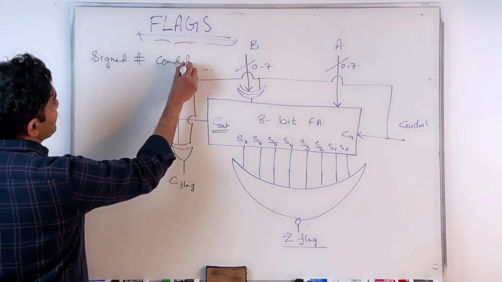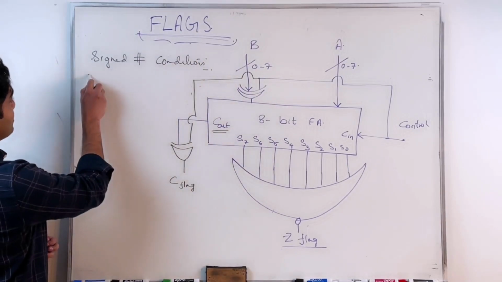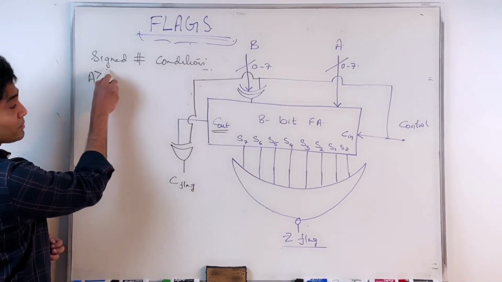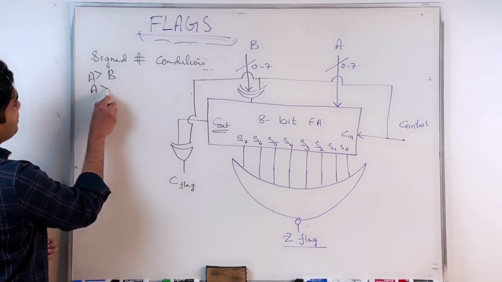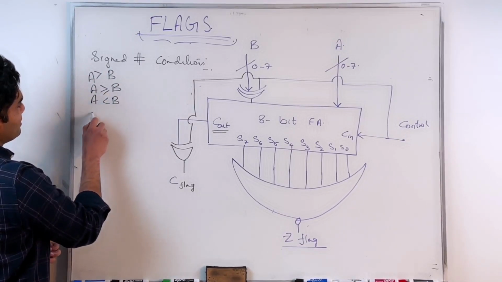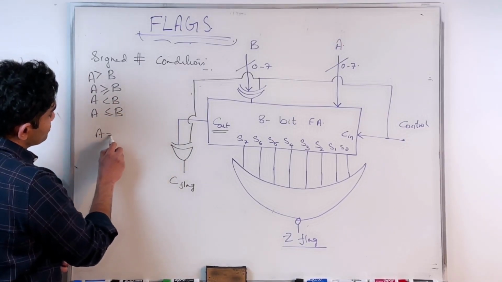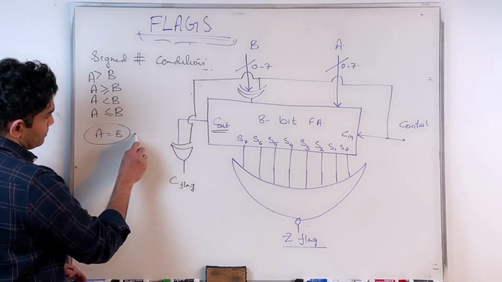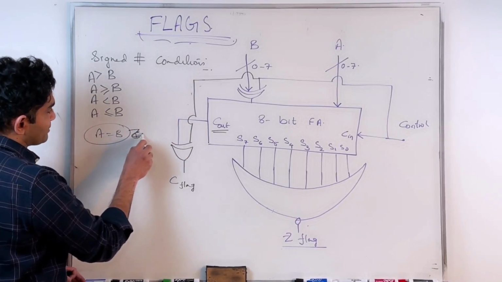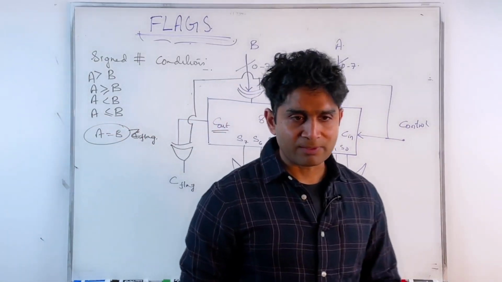We want to check for the same conditions. The only difference is my A and B are signed now. I want to check for A larger than B, larger than or equal to B, A less than B, A less than or equal to B. The A equal to B condition is still trivial. I would still be looking at the Z flag, whether A and B are signed or unsigned.